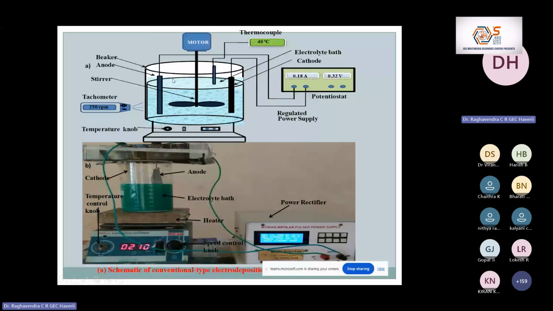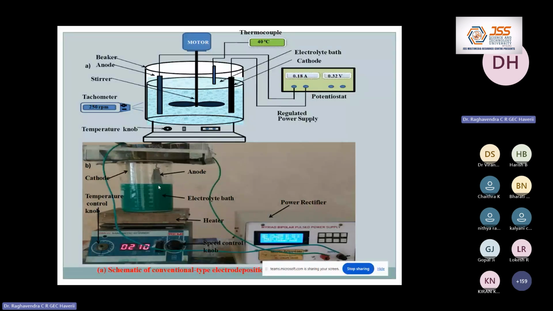A higher rate of dispersion of these nanoparticles means a higher rate of deposition will also take place. So this is one. If you want to heat, if you want to control the temperature, there will be a heater, and a temperature controller knob will also be there, and electric current can also be used. These are all one conventional type of electrodeposition technique, and there are other techniques also.